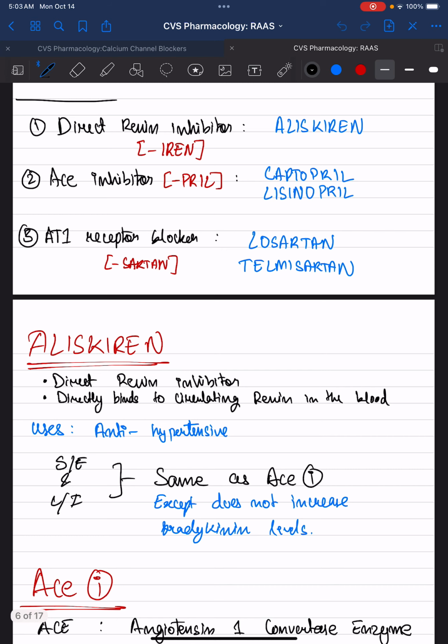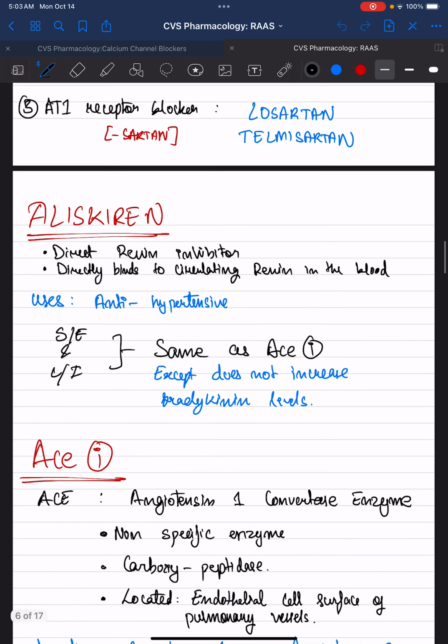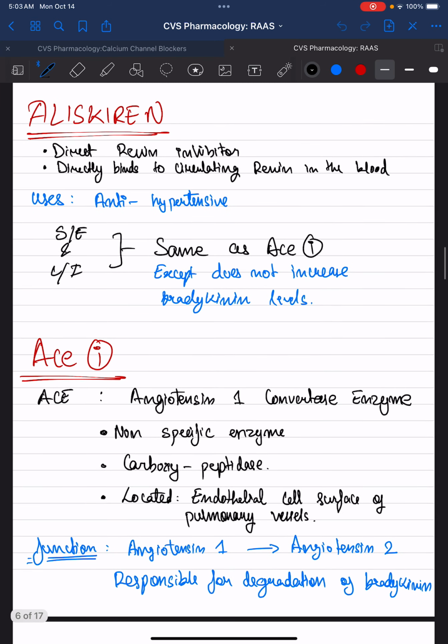Now let's study about aliskiren. Aliskiren is a direct renin inhibitor, and it directly binds with the circulating renin in the blood. So the renin is already released by the kidney and it is in the blood, but what this drug will do is bind to the circulating renin in the blood, and of course it is also an antihypertensive.